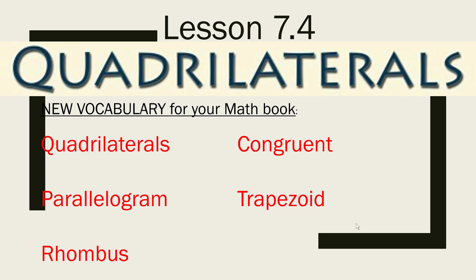And a rhombus is a 4-sided shape, a quadrilateral with all equal sides. It does not have to be a square, but a lot of times it will be a square that's turned on its vertex.